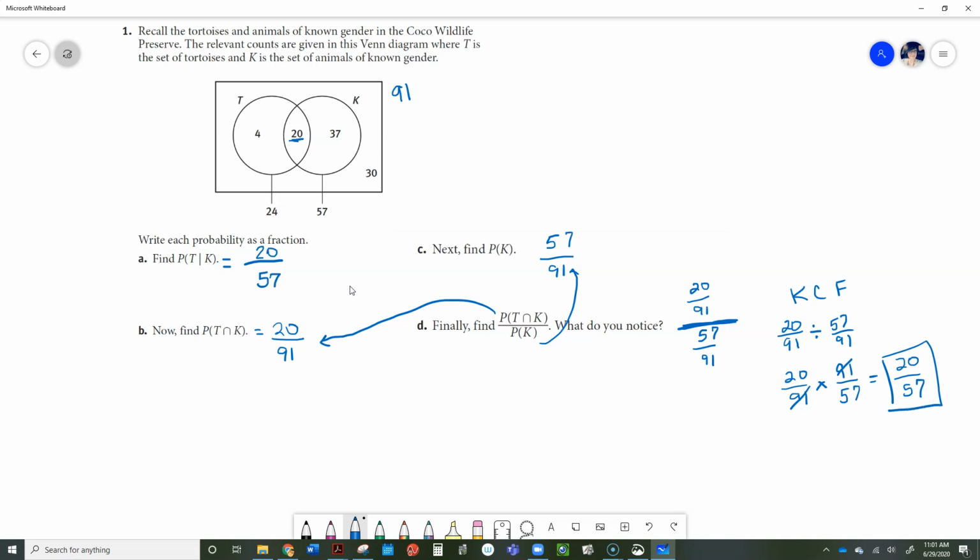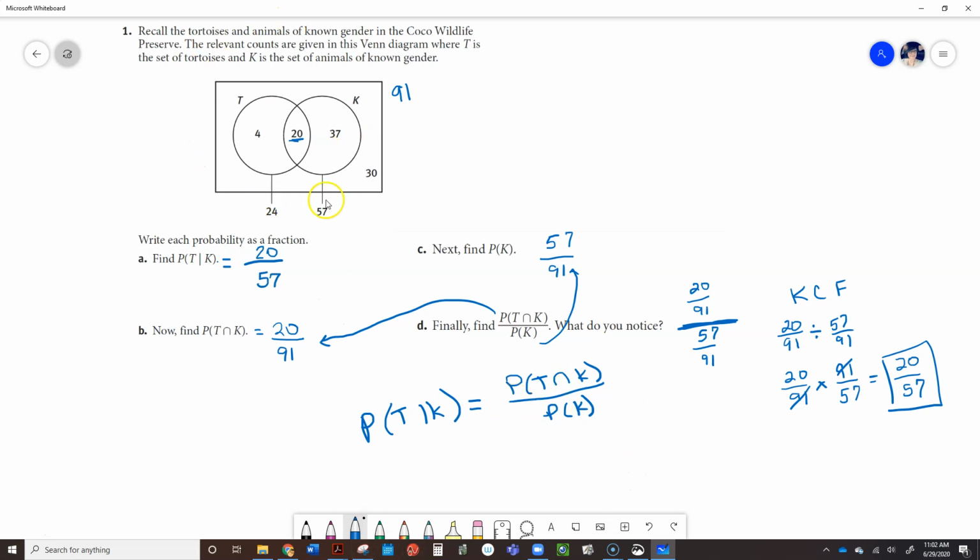So they want us to notice that the answer to this problem right here is the exact same answer to this one. So they want us to notice that the probability of tortoise given that you know its gender is equal to the probability of tortoise and known gender divided by the probability of known gender. And why do we need to know this?